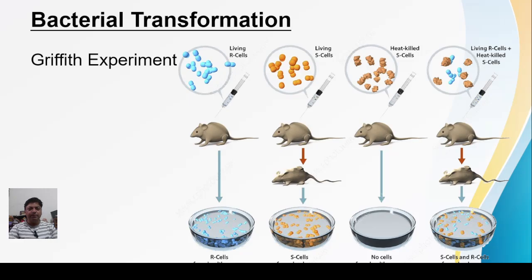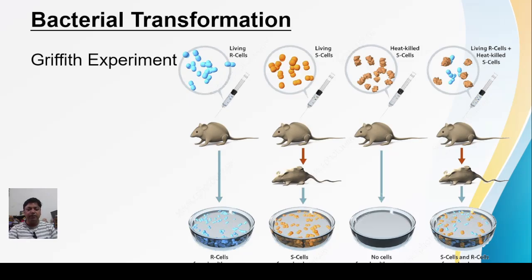In this experiment, it was observed that there are two strains of the bacterium Streptococcus pneumoniae. The first strain is R cell and the second strain is S cell.